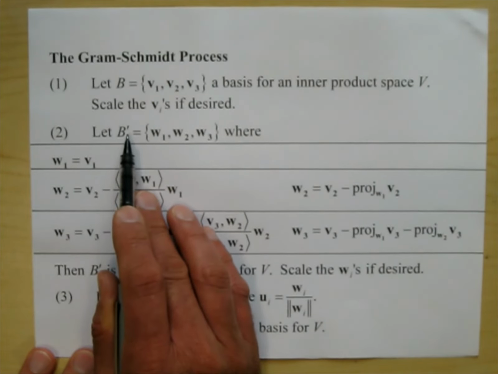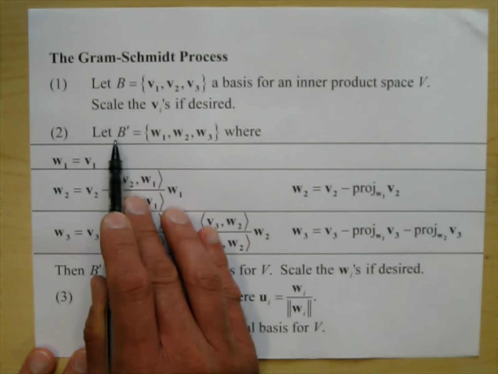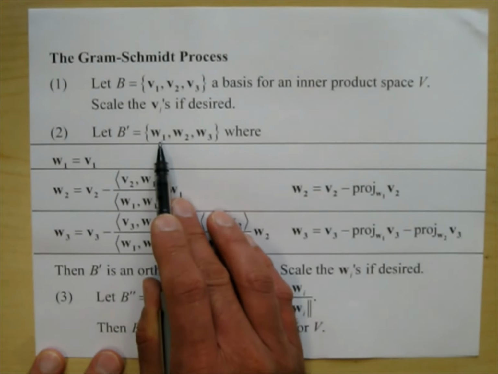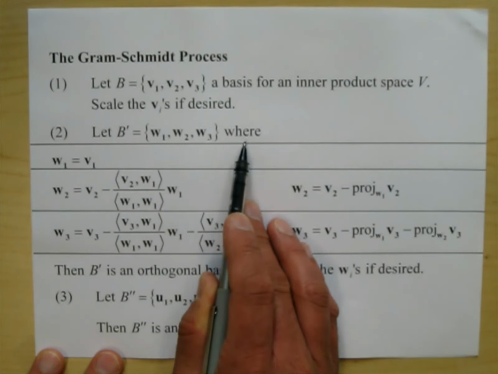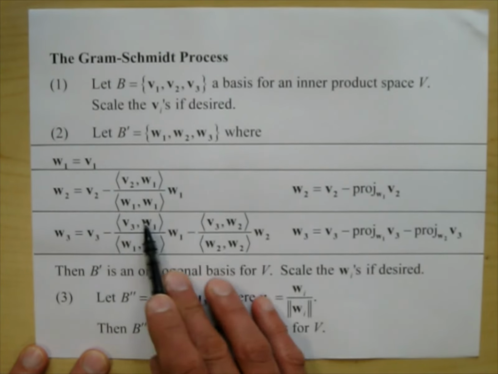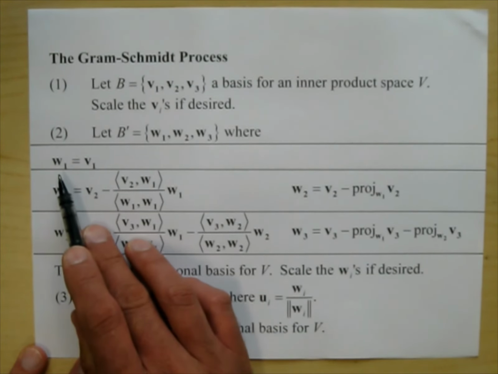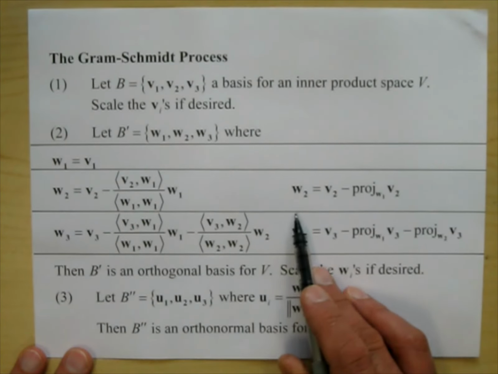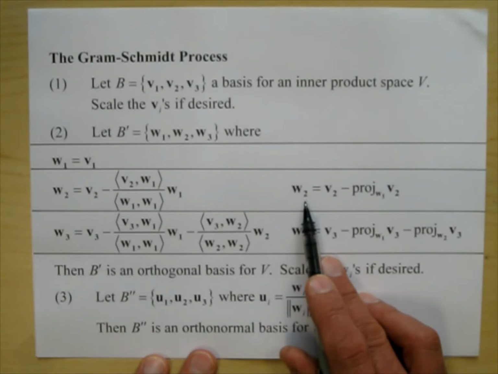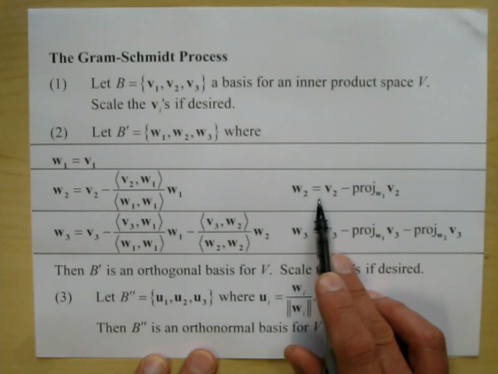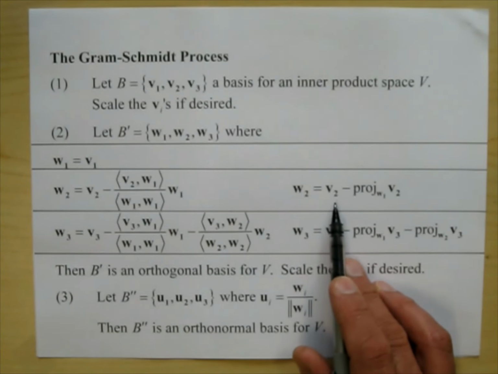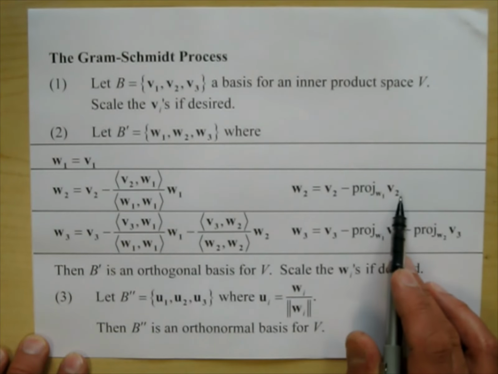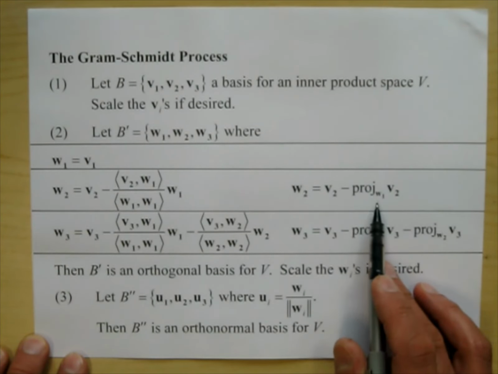Let B prime, now that's not the derivative, it's just the intermediate step, B prime equal W1, W2, W3, where? So this is the big part of the Gram-Schmidt process. W1 equals V1. And W2 equals V2 minus the projection of V2 onto W1.